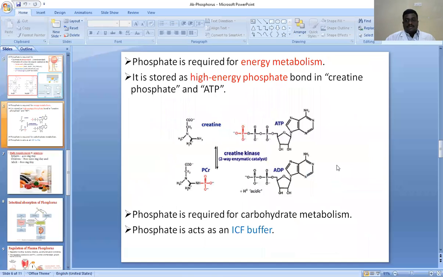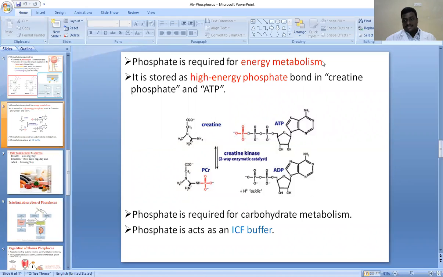Next, phosphate is required for energy metabolism. There are different types of metabolic reactions taking place. Why do the metabolic reactions take place? They produce energy, and the process of metabolic reactions also requires energy.